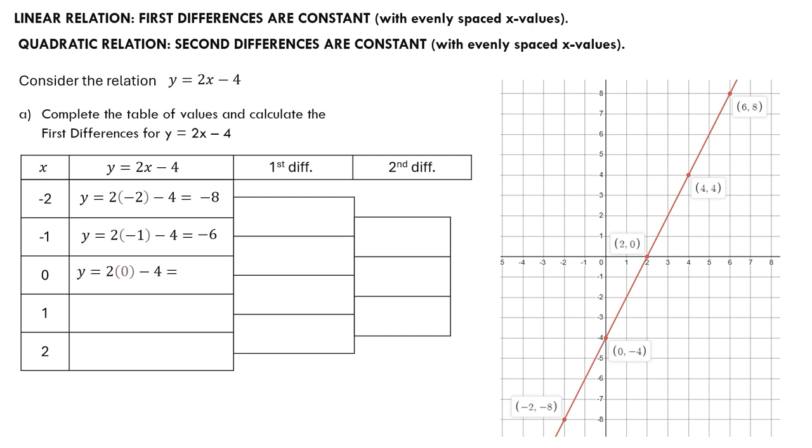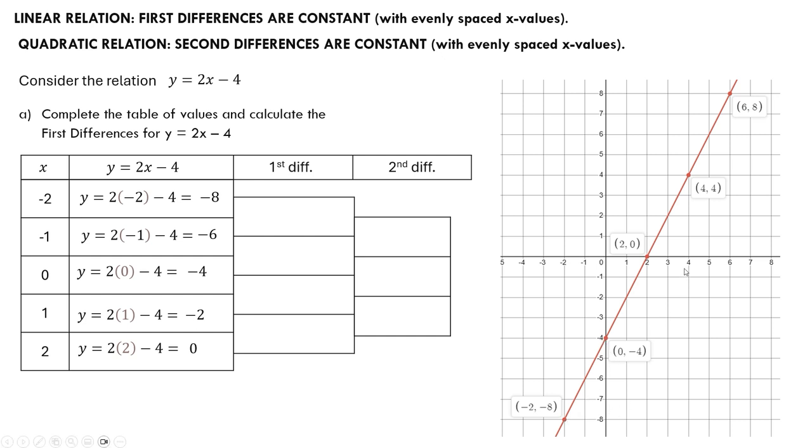Plug 0 in, we get -4. Plug 1 into the equation, we get -2. Plug 2 into the equation, and we get 0. So we have coordinate pairs of -2, -8, -1, -6, 0, -4, 1, -2, 2, 0.